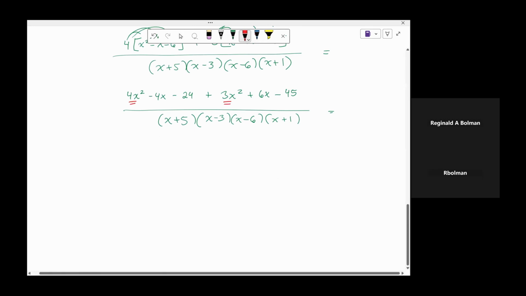And we're just going to go ahead and use that commutative law, group our like terms, and go from there. You'll note that 4x squared may be added with 3x squared. So by the commutative law and by grouping like terms, I may go ahead and add my 4 with my 3, giving me 7x squared. Now I'm going to do the same thing for all of these terms. I got a negative 4x here. I've got a positive 6x.